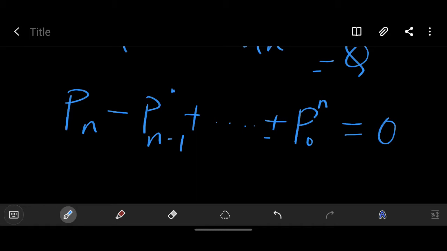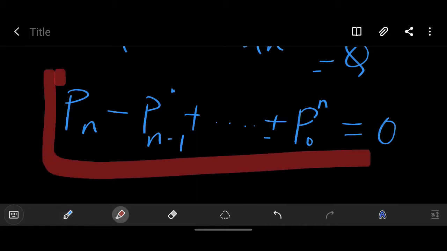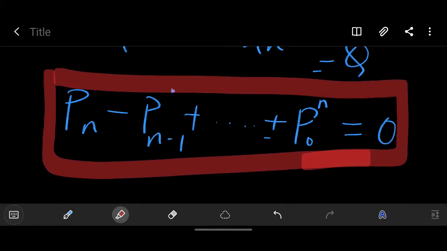Okay, so this is the condition which is very important. Here pn minus 1 up to p naught are the coefficients of our derivatives in the differential equation, and we put the signs alternately. The first one minus, and then the second one plus, and so on.